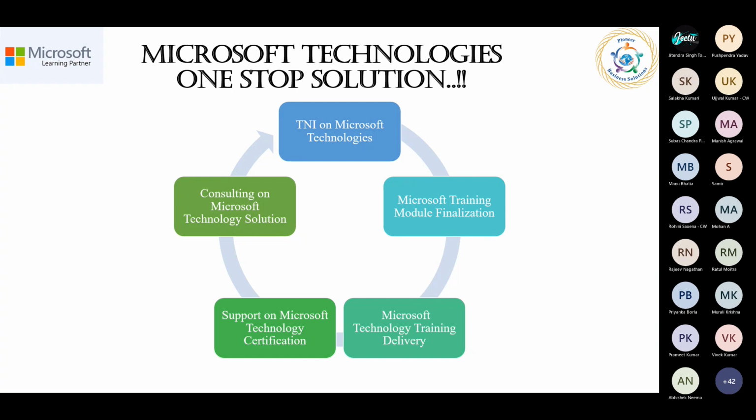And if there is any scope in your organization where we need to support on the consulting part also, we have a very expert team who can handle all this process.